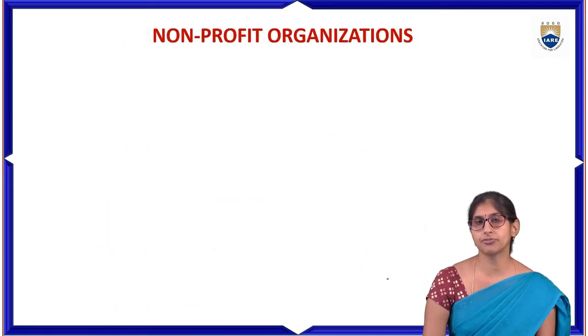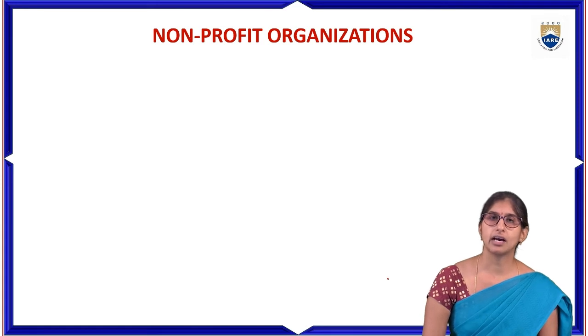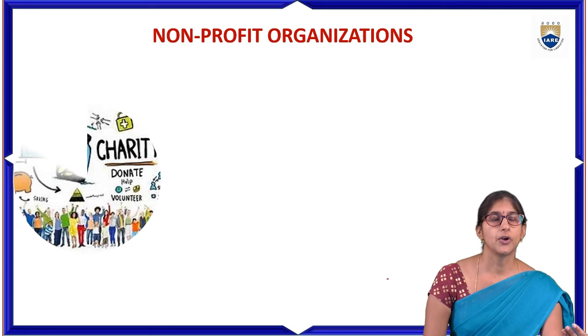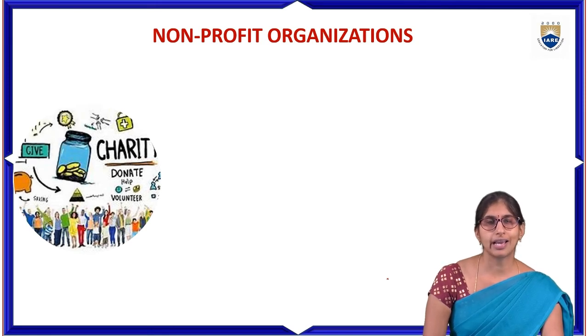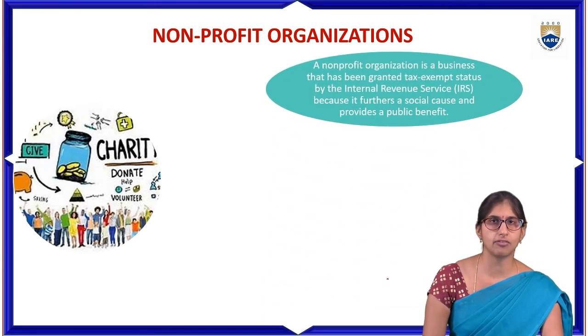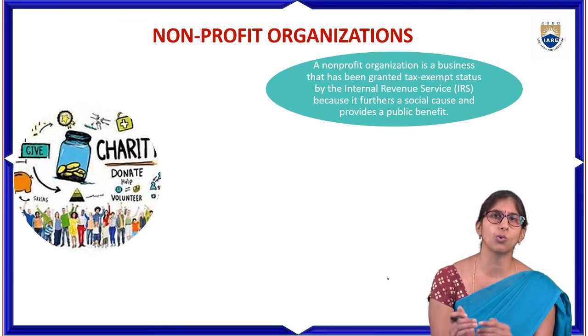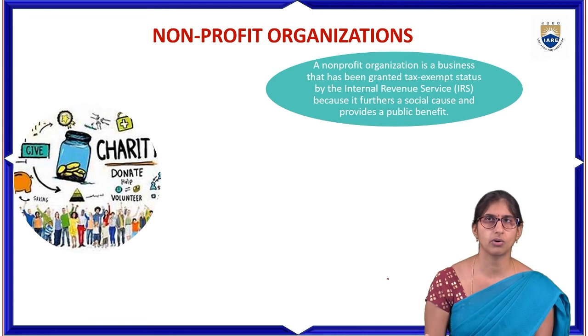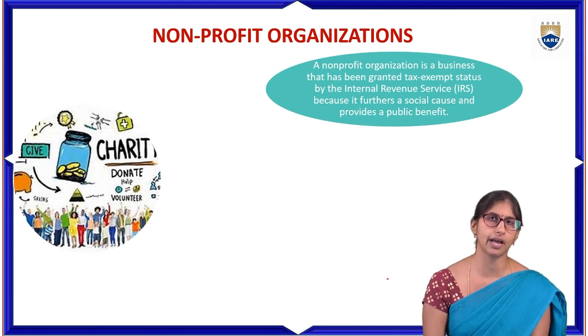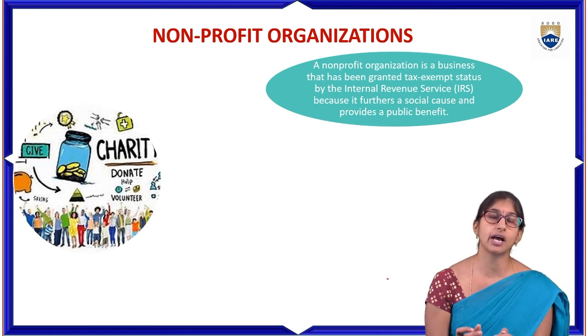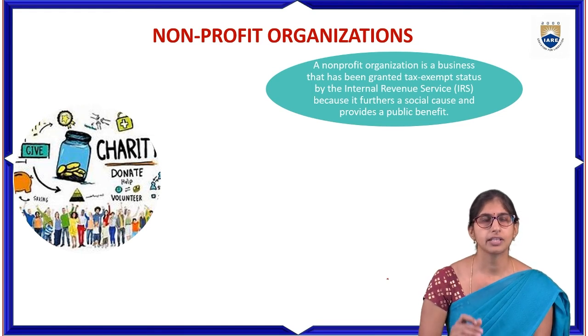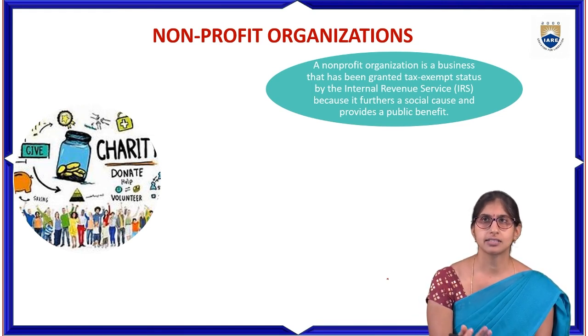And the next form of organization we see in business organizations is non-profit organizations. Like we see some charity, charity donating firms and all, right? The major goal of these types of organizations is to serve the public. Okay, for the benefit of the public, they have constituted a non-profit organization where they provide service.